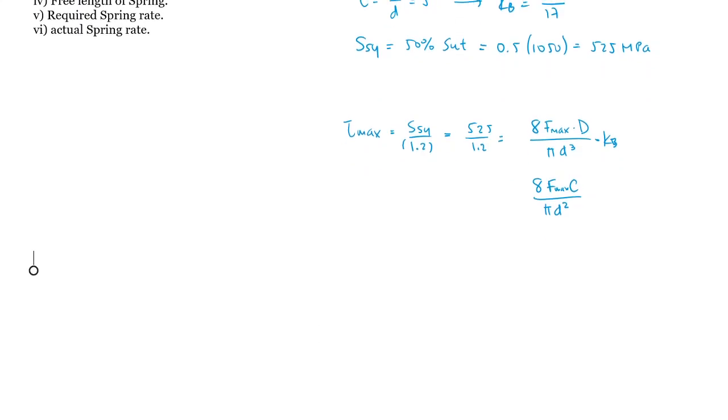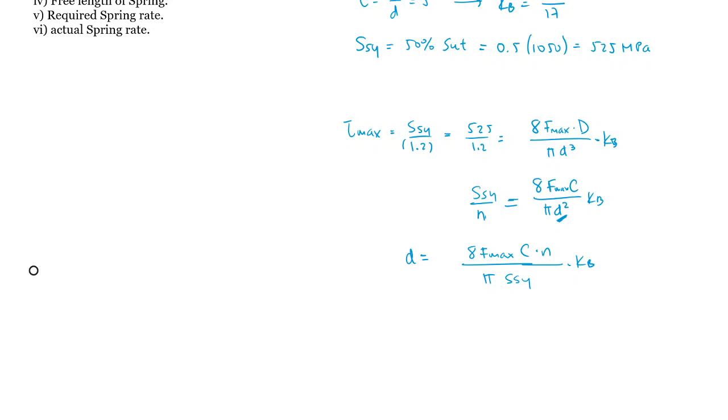And basically all I'm doing here is solving for d. So KB, and this is equal to SSY over n. I'm just going to leave it in terms of the variables for now. d squared would be equal to 8 F max C times n over pi SSY times KB.